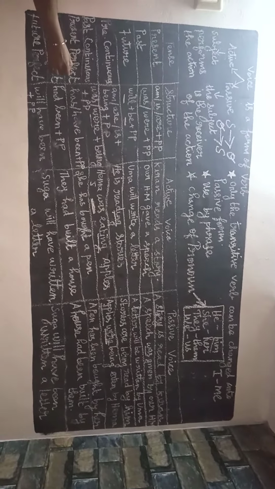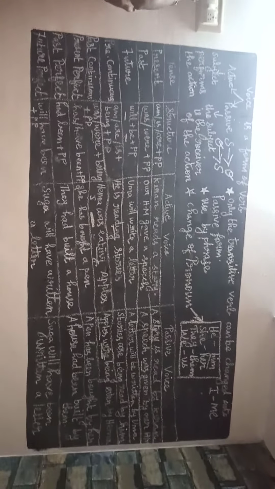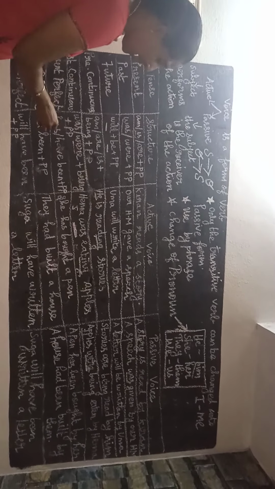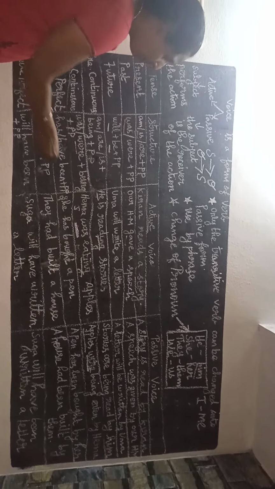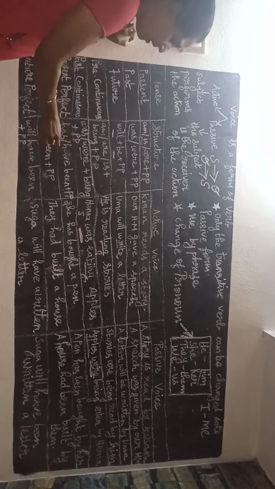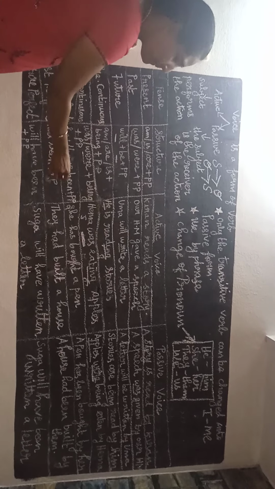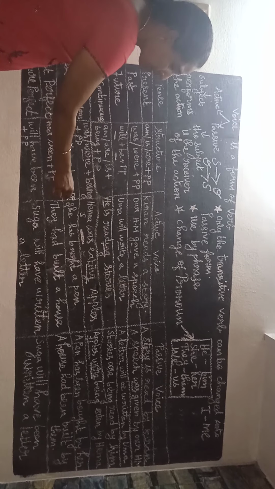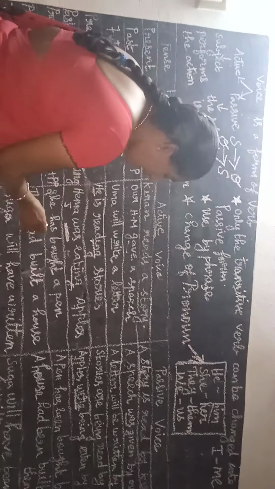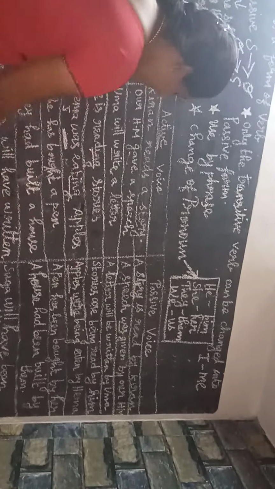Present perfect tense. See, while changing the active voice into passive voice, if the subject is singular, we have to use has been plus past participle. If the subject is plural, we have to use have been plus past participle. See for an example, she has bought a pen.